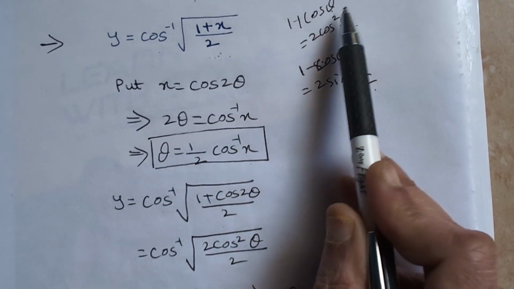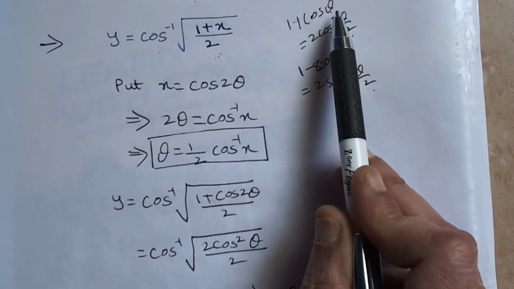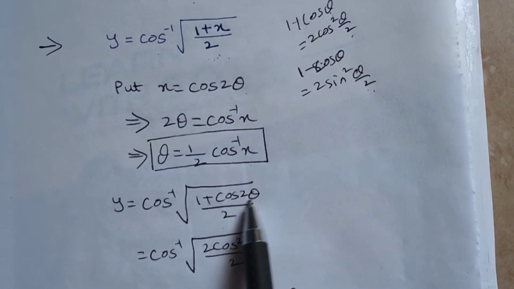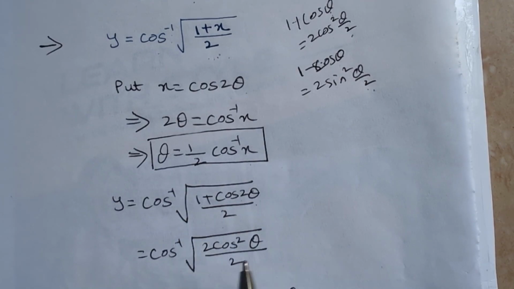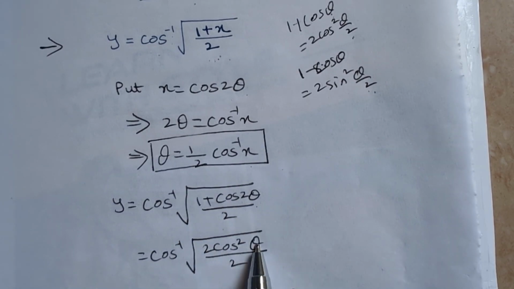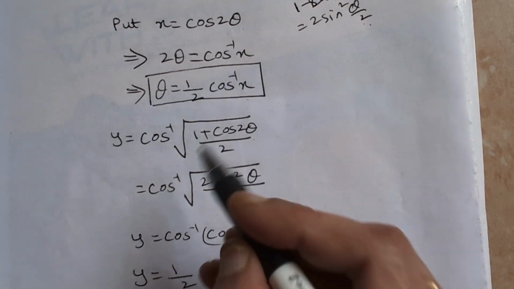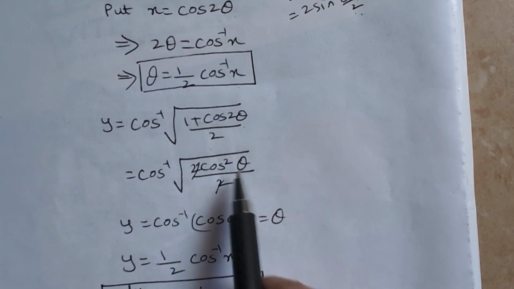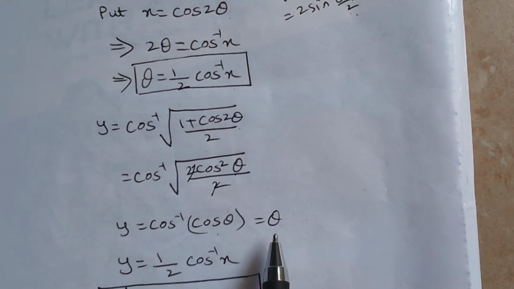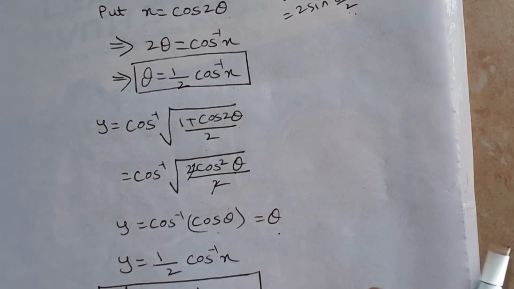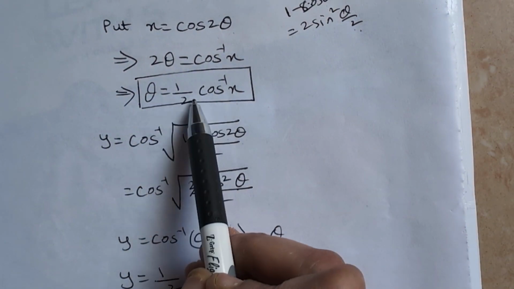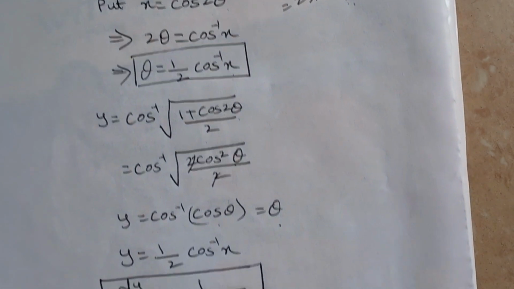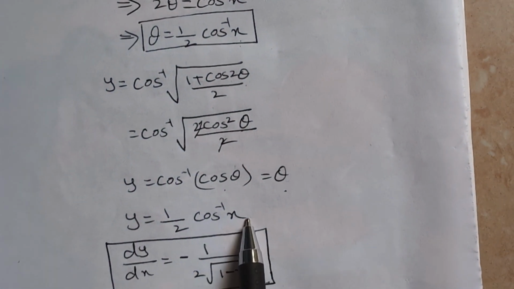Now 1 plus cos 2 theta is 2 cos square, of half of whatever theta is. Here instead of theta we have 2 theta, so half will be theta. So 1 plus cos 2 theta is 2 cos square theta. Divided by 2, the 2 cancels, so we have y is equal to cos inverse square root of cos square theta, which is cos theta, so y simply becomes theta. Now here we need to replace theta. Theta is half cos inverse x, so y becomes half cos inverse x.